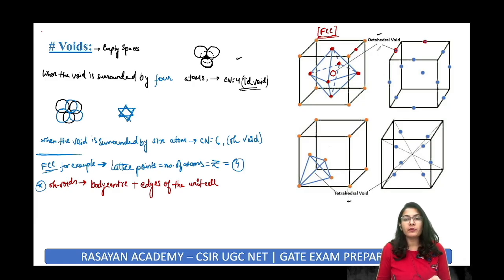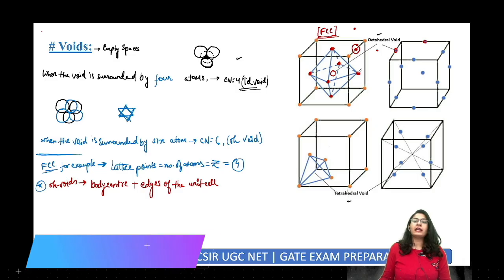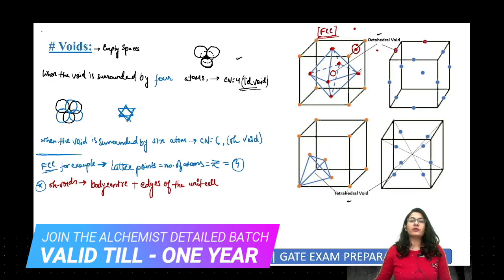There is going to be one more, 4, and let's say 5, and let's say 6. हो गया 6. So this one is also surrounded by 6. Again telling you 1, 2, 3, 4. One more over here, the face of the upper one, the face of the right hand side. Only these 2 you have to consider, right? So these are going to give you a coordination number of 6.